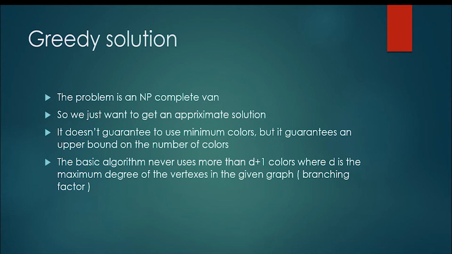So we just want to get an approximate solution, and it doesn't guarantee to use the minimum number of colors, but it guarantees an upper bound on the number of colors. The basic algorithm never uses more than d plus 1 colors, where d is the maximum degree of the vertices in the given graph, or the branching factor. I'm going to talk about this later during the illustration.